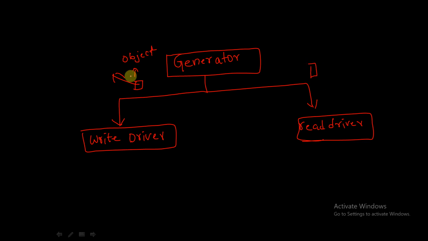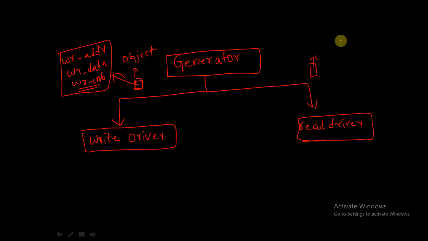The variables, or fields, or properties which are needed for the write driver are write address, write data, and write enable. These properties will be encapsulated in this particular object.